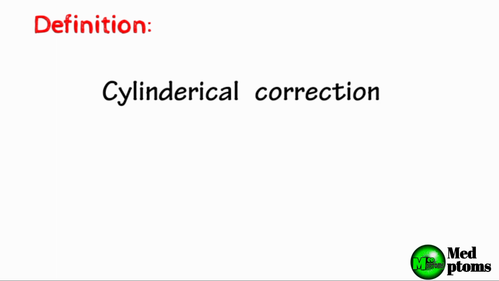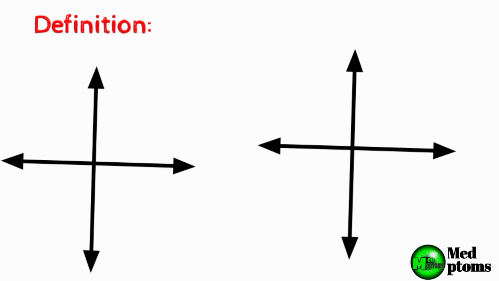Jackson Cross Cylinder is basically used for refinement of the cylindrical correction, that is your astigmatism. Before we go into this section, we should know the basics. What is astigmatism? Power is different in two meridians. For example, we take the two meridians M1 and M2, otherwise called the vertical meridian and horizontal meridian.